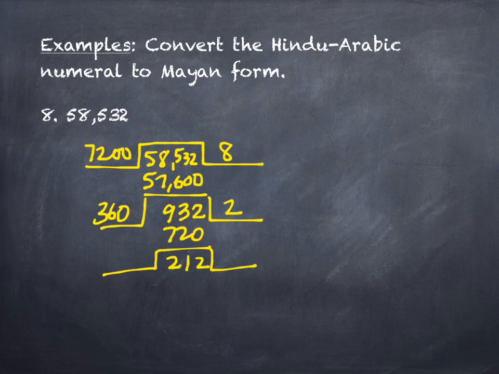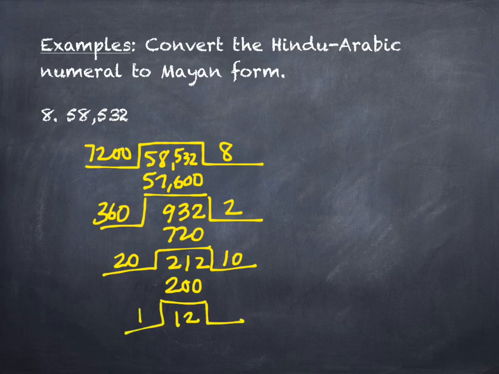Okay, what am I going to divide by next? 20. How many times will 20 go into 212? 10 times 20? 200. Subtract. 12. Divide by 1. 12, and I'm done, right?